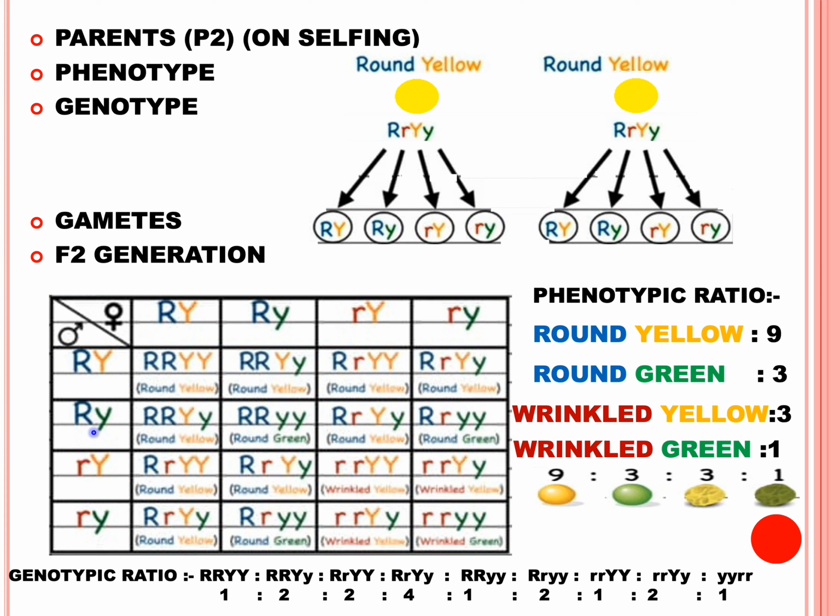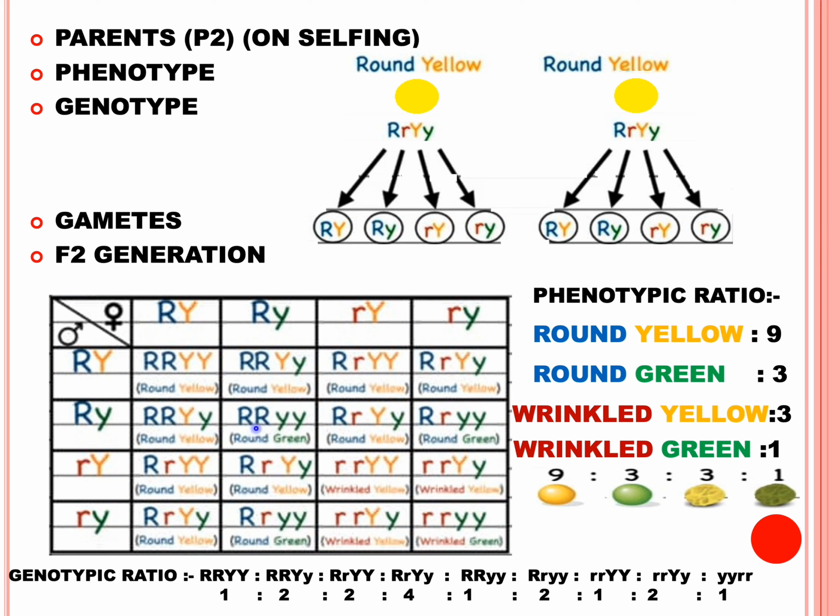Similarly, if this male gamete having capital R, small y fuses with capital R, capital Y genes of the female gamete, then the genotype of the plant would be capital R, capital R, capital Y, small y, with phenotype round and yellow. And if this capital R, small y male gamete fuses with a female gamete with capital R and small y, the genotype would be capital R, capital R, small y, small y.